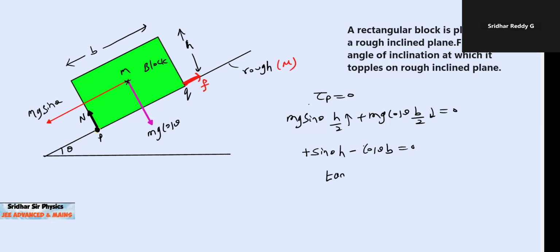So therefore tan theta equal to b by h. And if tan theta equals mu, we'll get a condition mu equal to b by h.